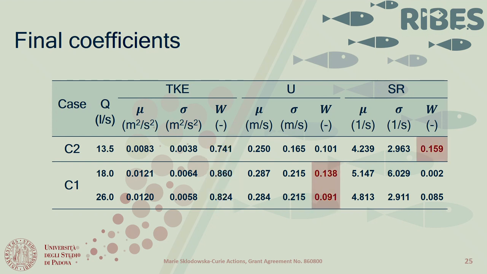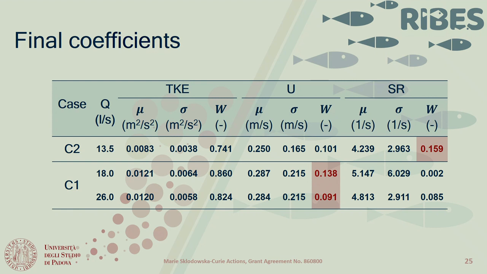Surprisingly, in the uniform configuration, the uniformity of the flow is more important than velocity magnitude. So it means that the fish, rather than choosing comfortable velocities or comfortable zones with velocities, would choose uniform zones, despite the velocity being higher or slower.